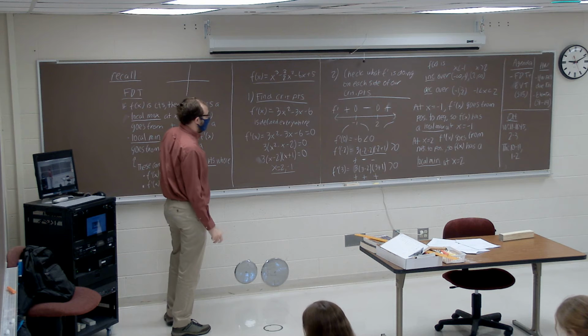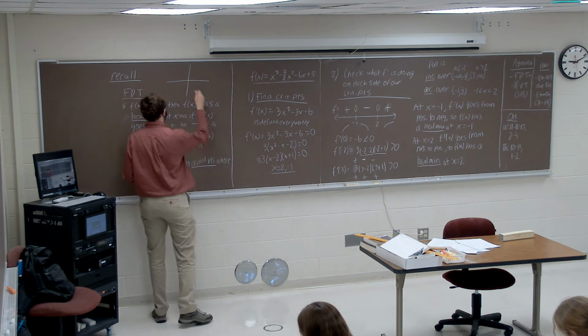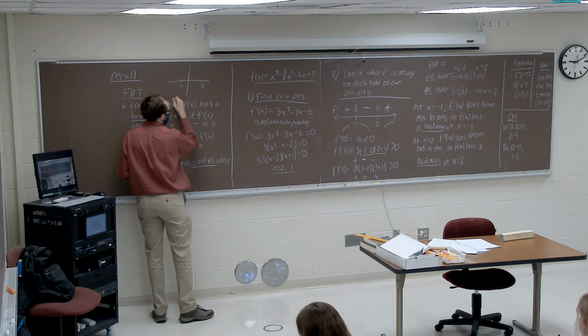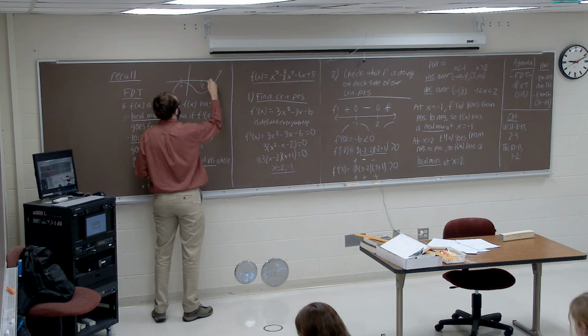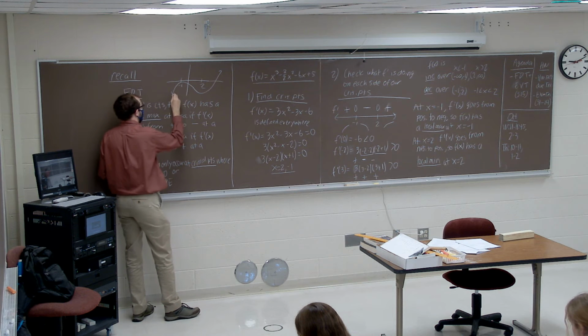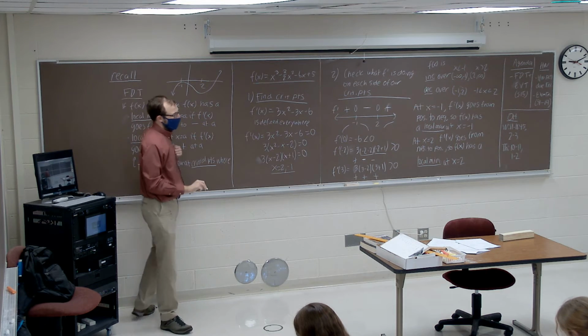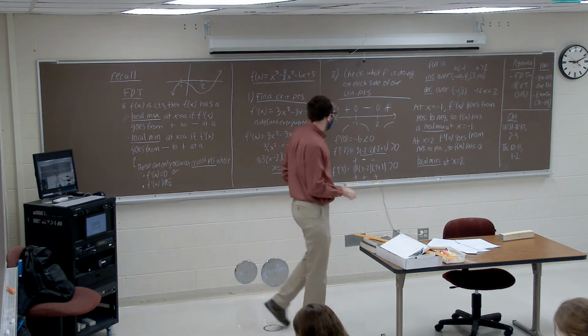If f of x changes at negative 1 and 2, it's probably going to look something a little bit like this. Where it's increasing to the left of negative 1, decreasing from negative 1 to 2, and then increasing again to the right of x equals 2.